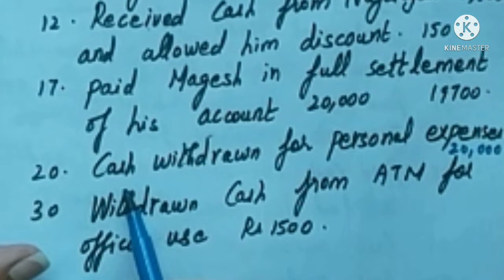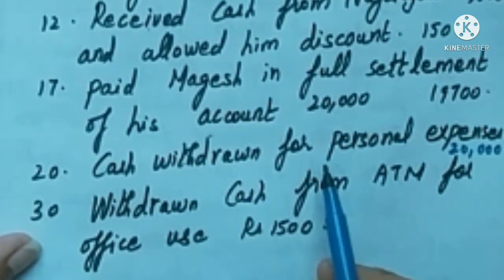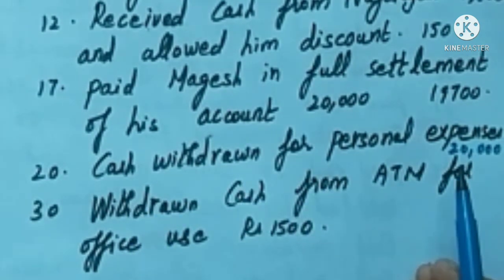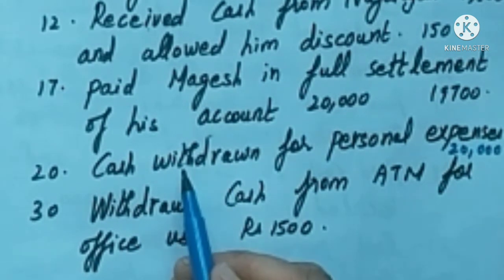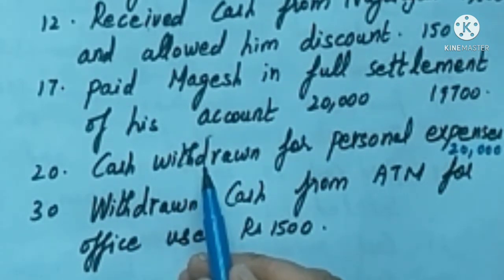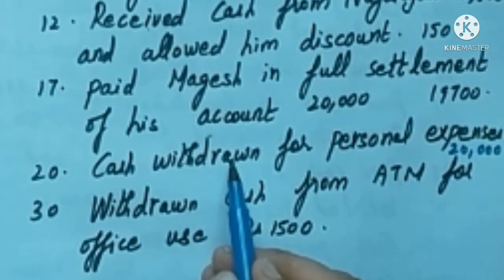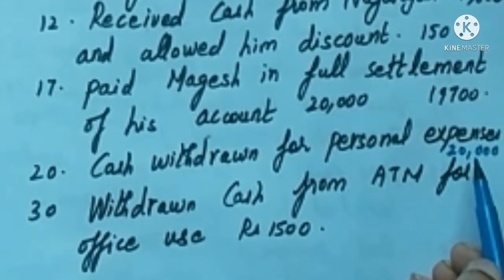The next transaction is cash withdrawn for personal expenses. So what is the entry for this? Drawings account debit to cash account. The cash account is credited. So I am going to write it on the credit side of cash book by drawings account rupees 20,000.